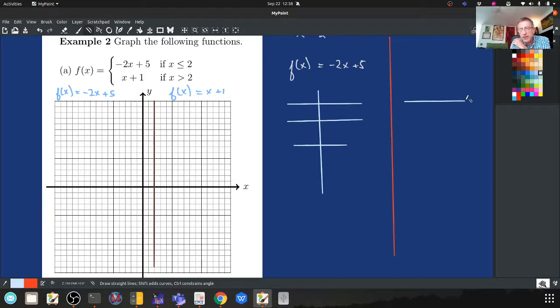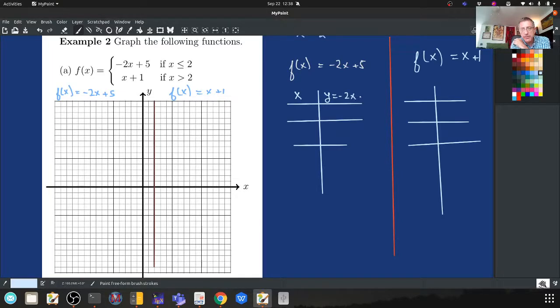And over here, again, just 2 points is all that's needed. We're going to do f of x is equal to x plus 1. So over here, the domain for f of x equals minus 2x plus 5 has to be values for x less than or equal to 2. So I'm literally going to choose 2 as one of those values, and the next obvious one is 0.